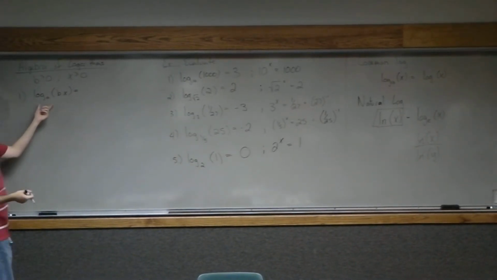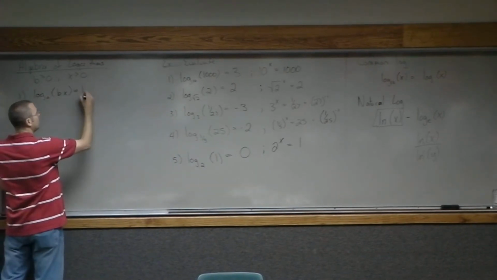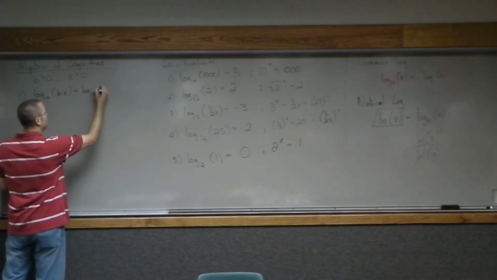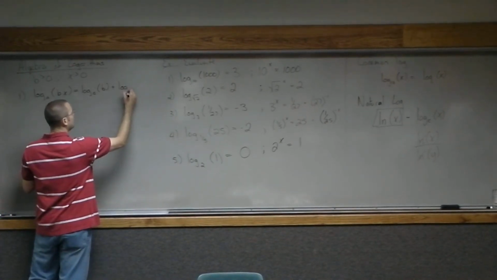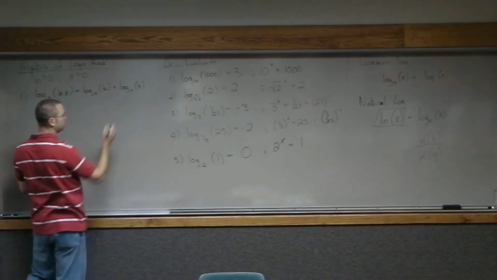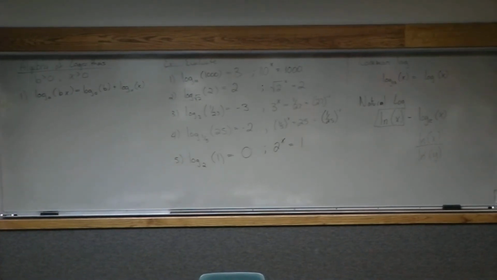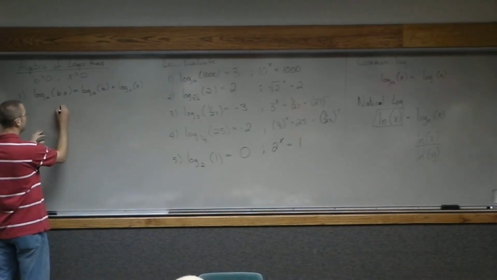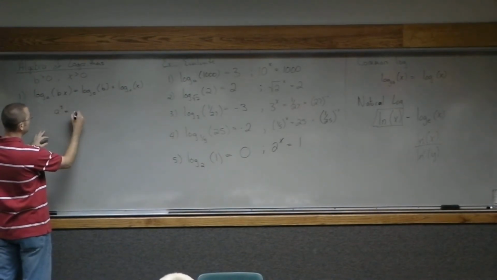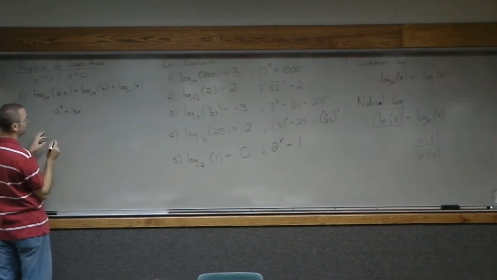So if I take log base a of b times x, that's the same thing as taking log a of b and adding log a of x. You might ask why? Well, if you go back and look at this in terms of exponents, a to the y equals bx.